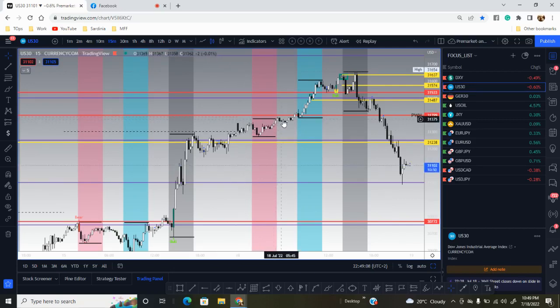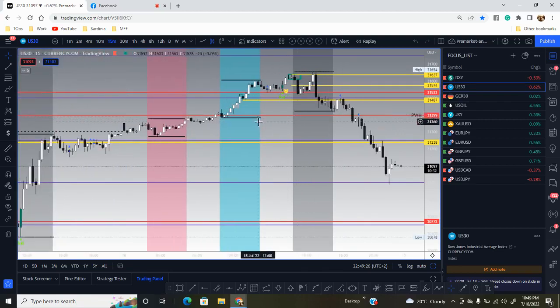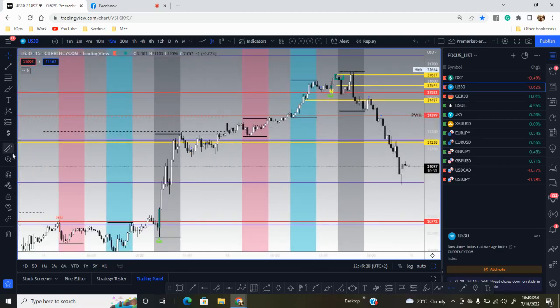So after the 3 hours time range, nagkaroon ng consolidation. Then right at the first hour of the first 15 minutes, first 3 times 15 minutes or 45 minutes, nagkaroon nga ng breakout si US 30.